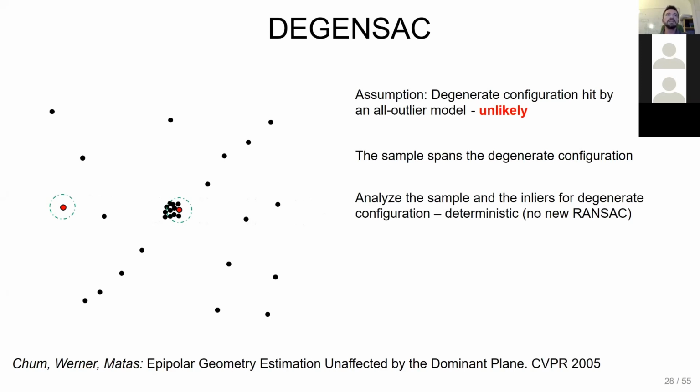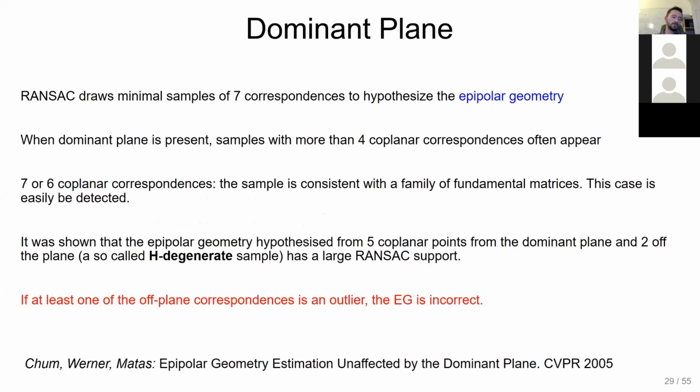And this is deterministic and typically way faster than running another RANSAC on the inliers. So it turns out that in two-view geometry, there's a really nice algebra related to this. If you have a dominant plane and you would like to estimate epipolar geometry by drawing 7 correspondences, it is likely that you will draw a high number of correspondences into the sample from the dominant plane.